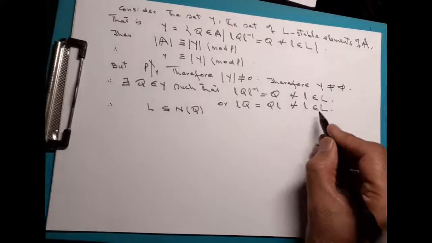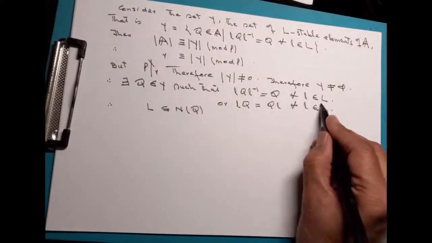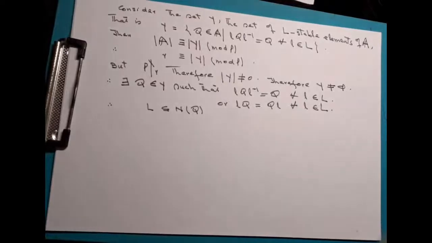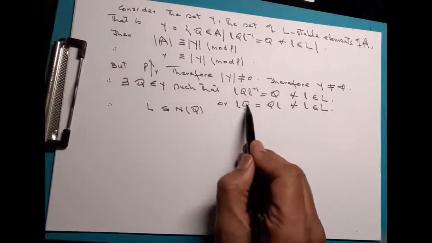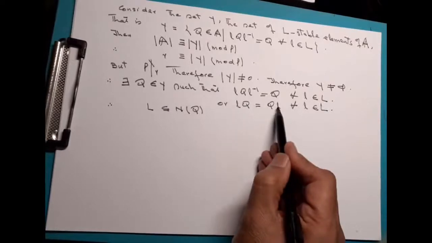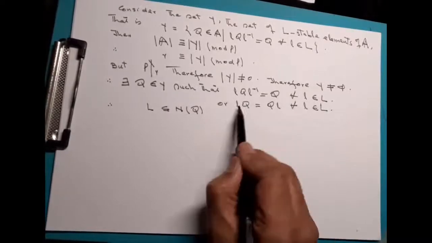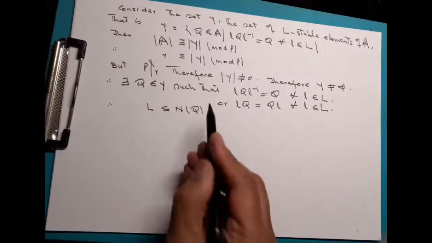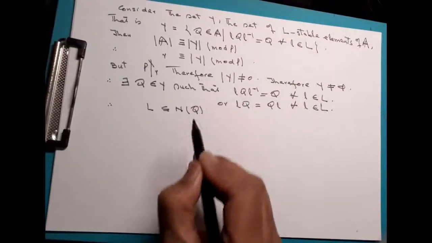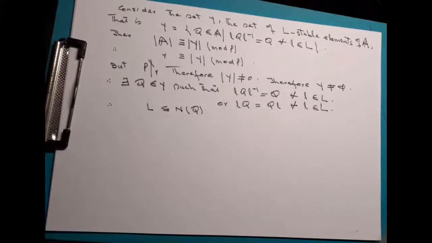Note that if you take any element of L and with that element you take the left coset of Q or the right coset of Q, these two cosets, left and right cosets, are equal. And you know the definition of normalizer: normalizer is those elements of the group for which left and right cosets are equal.